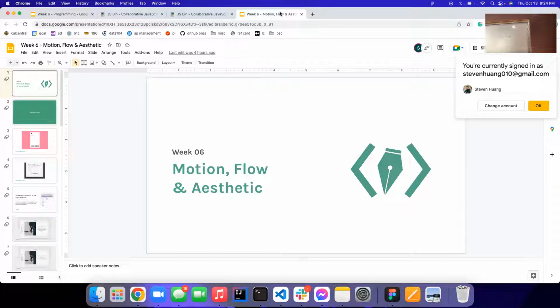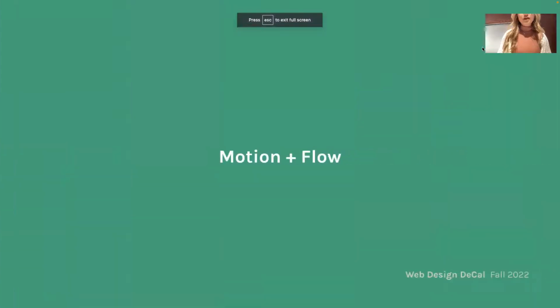All right, so we're going to be going over motion, flow, and aesthetic for today. Essentially, we're going to be touching up on what Evan just taught, animations like CSS, or if you have a GIF maybe. Motion and flow just refers to how animations move, like how you saw him control how the pumpkin was moving really slow or really fast.